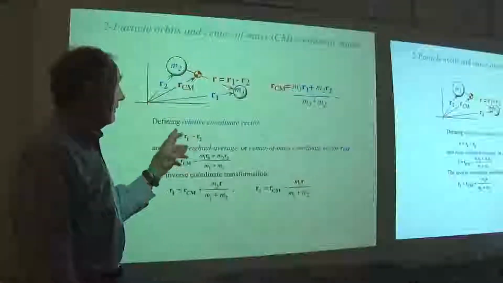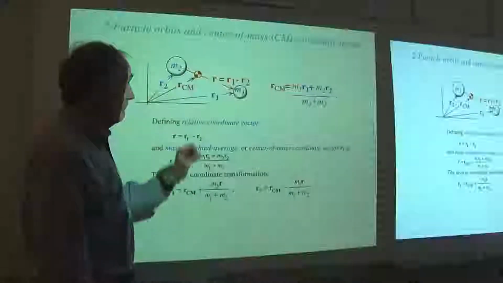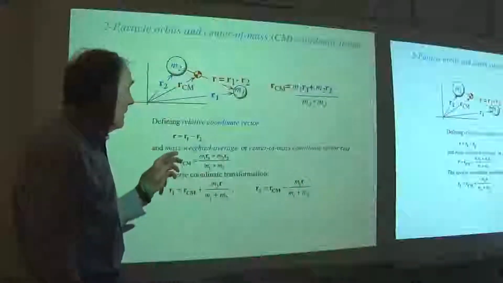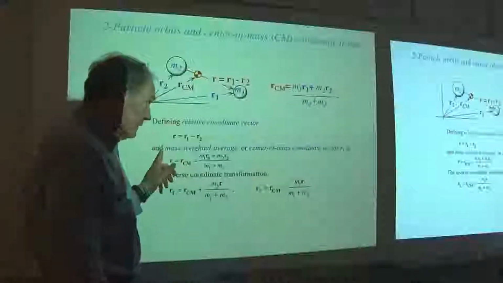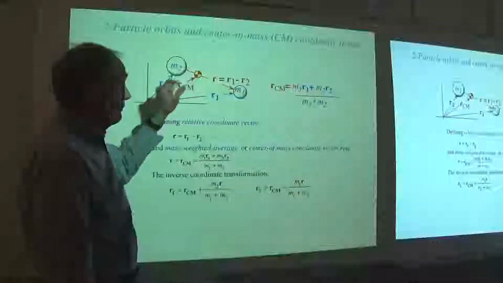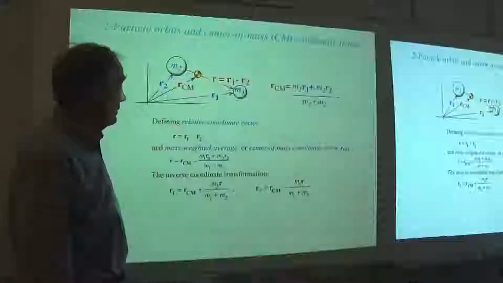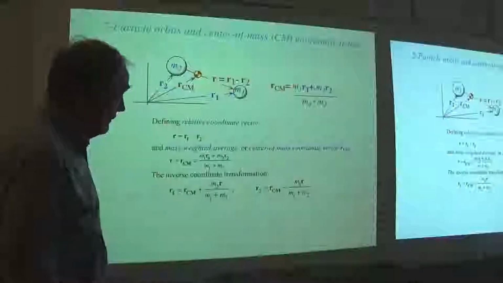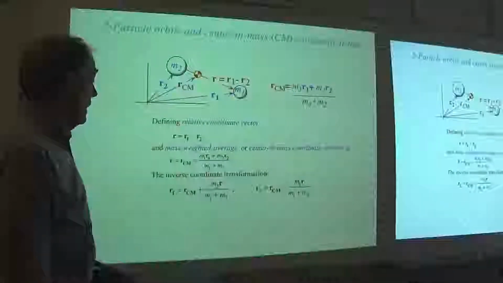The relative coordinate, in this case we're talking about big fat vectors, vectors that are here 3-dimensional, and, as I say, the mass-weighted average gives you a point in 3 space, with a little engineering symbol for center of gravity, center of mass.